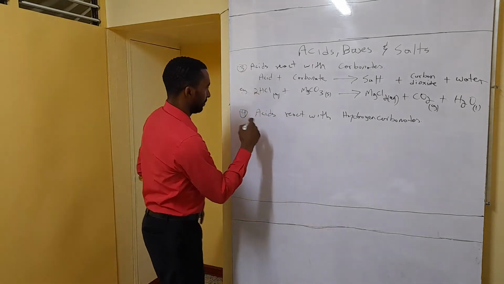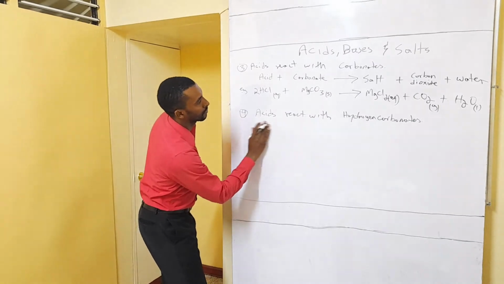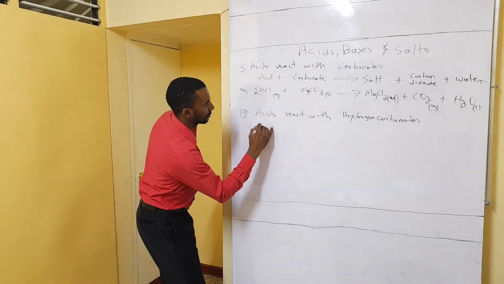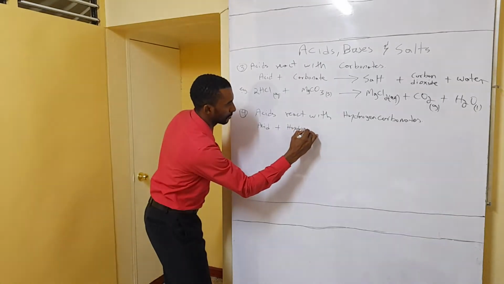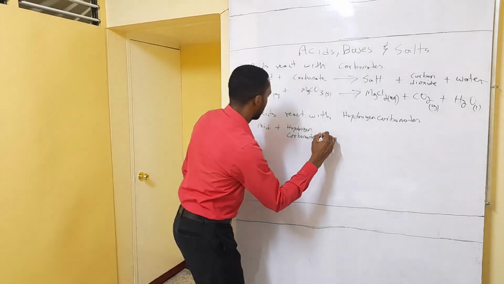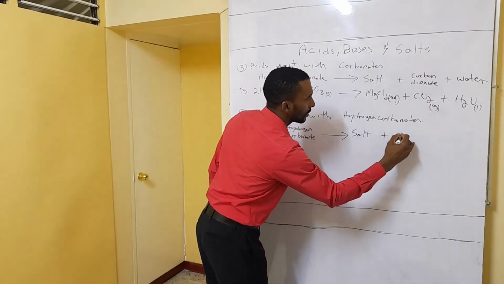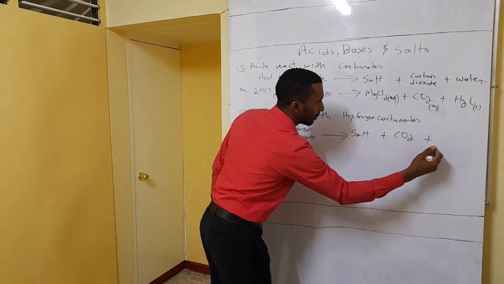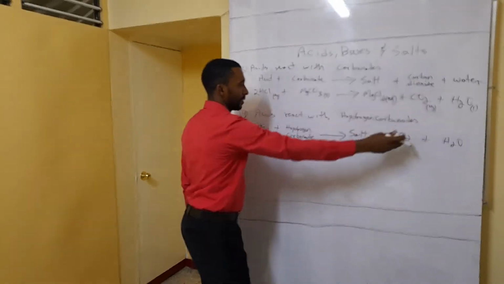Alright? So the hydrogen carbonate, again same thing as above: salt plus CO2 plus water. Alright? We can write out the words here.